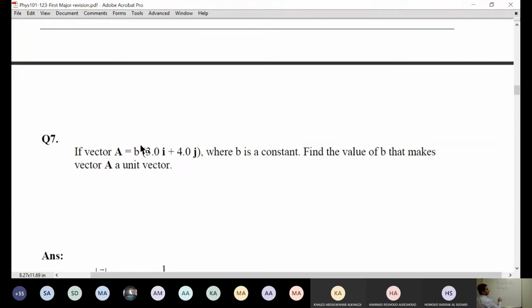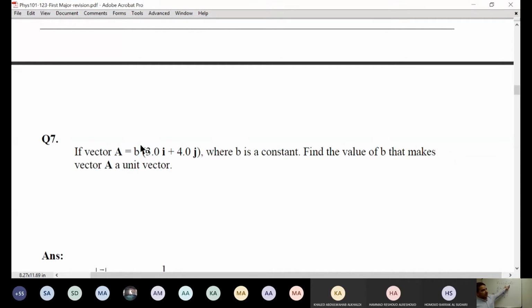So we divide both sides by the magnitude of A, and if I'm interested in the unit vector, I will have the vector A divided by its magnitude. That will give me the unit vector.